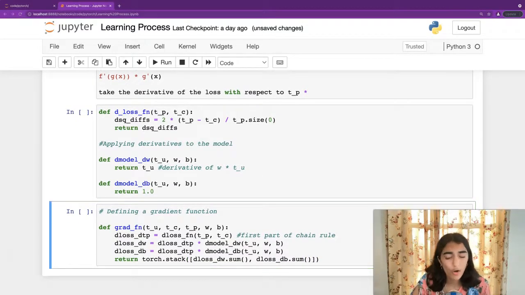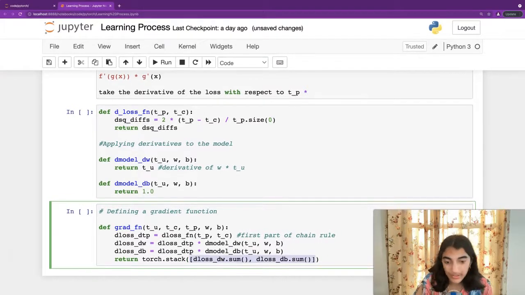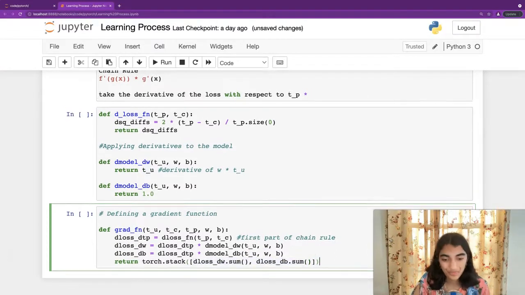All stack does is concatenate tensors along a certain dimension. We can have as many tensors as we want here, but since we only have 2 parameters, we only have 2.